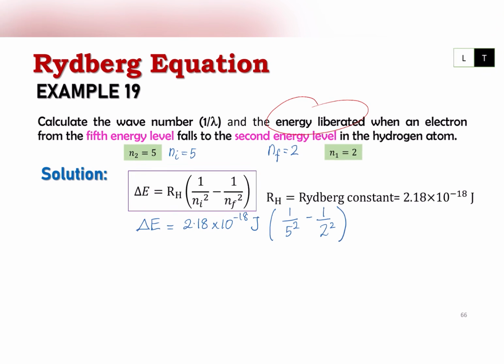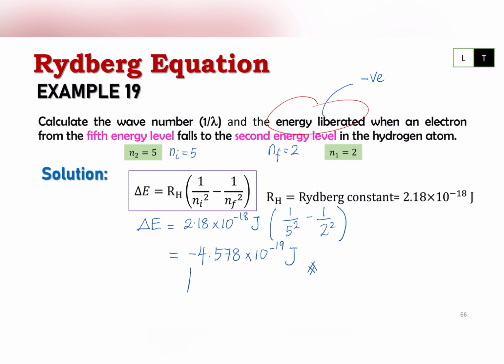Now, continuing from this part, I have the value for my energy is negative 4.578 exponent negative 19, and the unit should be joule. So this is the value for the energy liberated, and the sign should be negative as you see from here.